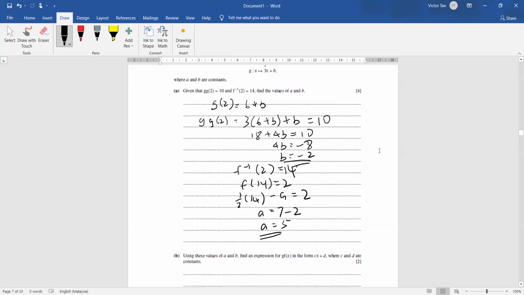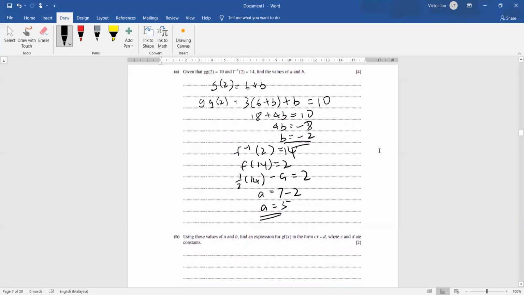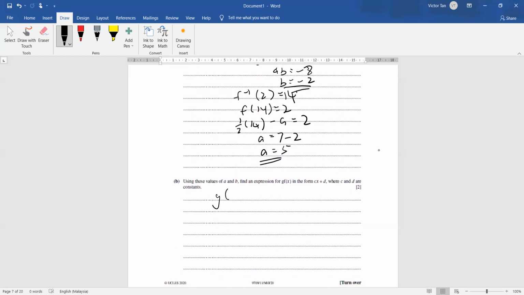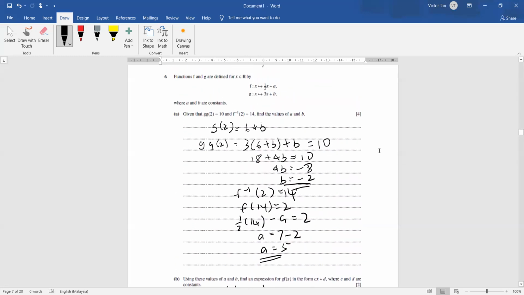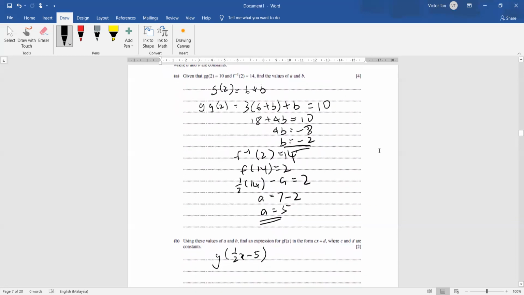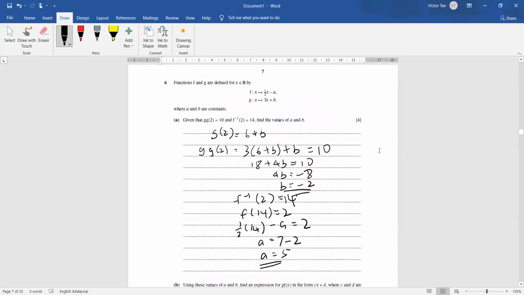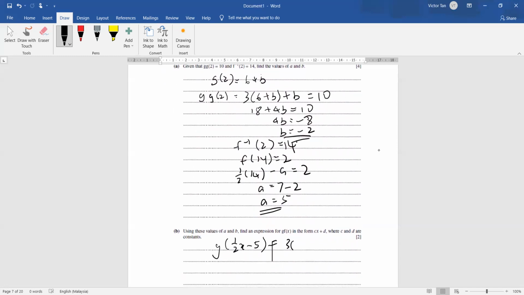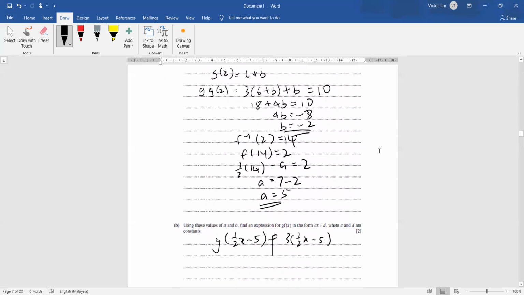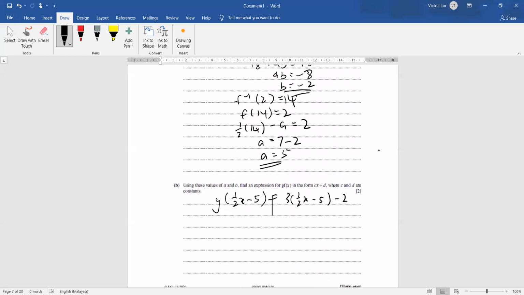So you're finding the composite function gf(x), g of half x minus 5, which equals 3 times half x minus 5, minus 2. gf(x) equals 3 over 2 x minus 15 minus 2, minus 17.